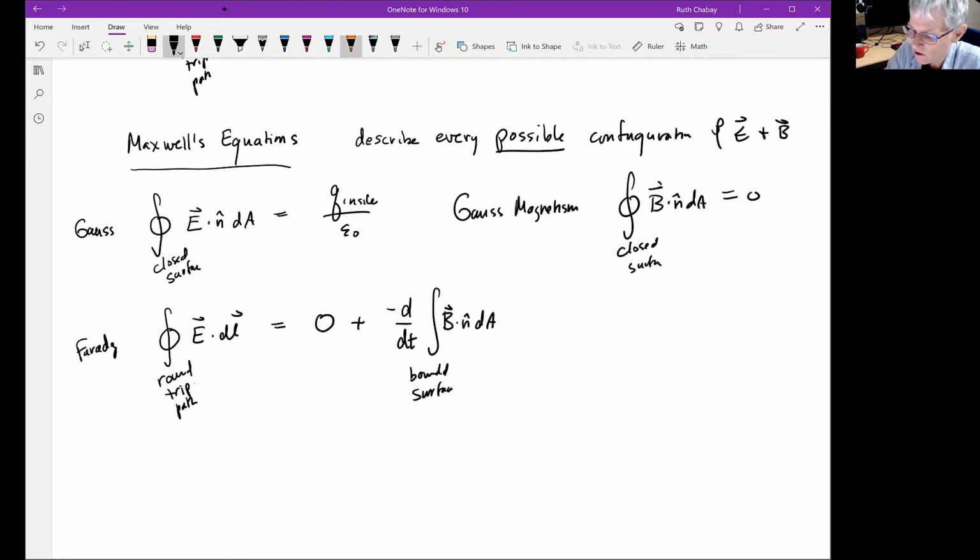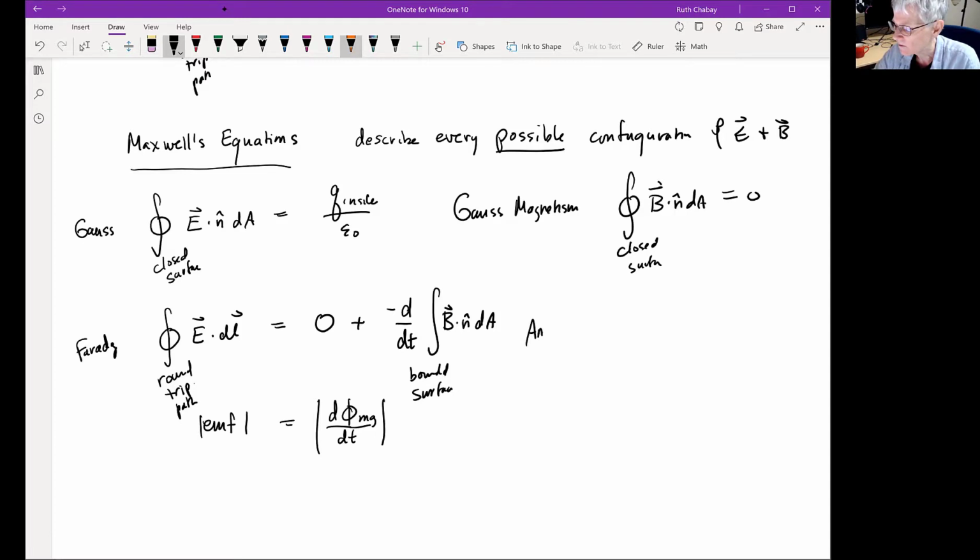So we can also write this as EMF equals the rate of change of magnetic flux. And the sign, again, is just the direction issue, the right-hand rule.